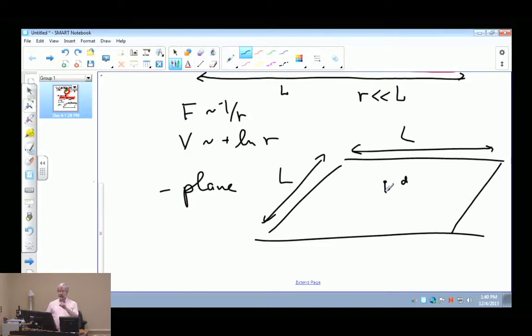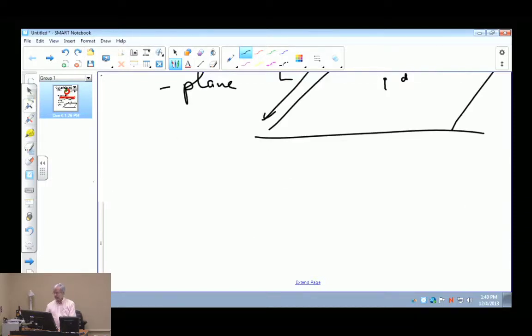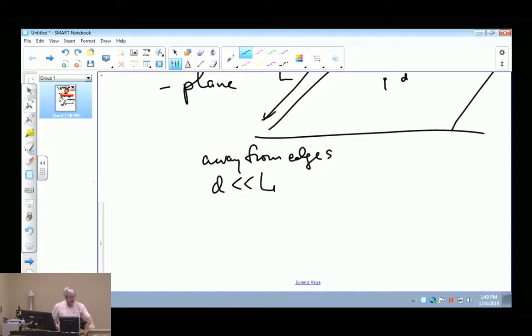And I want to be near the middle, away from the edges, and I want d to be much, much less than L, again. I want it to be a great big plate, and I'm really close to that plate, far from the edges, right in the middle of the plate.